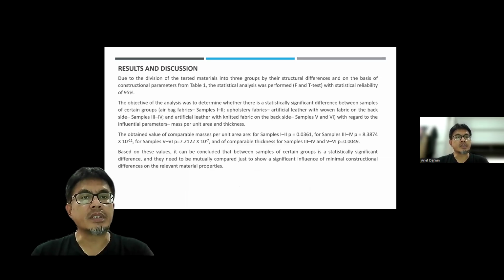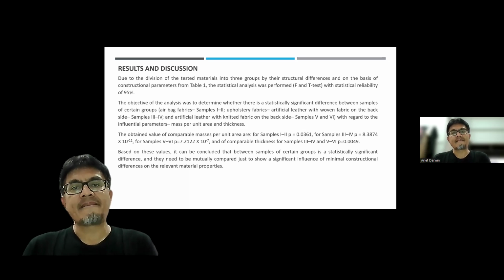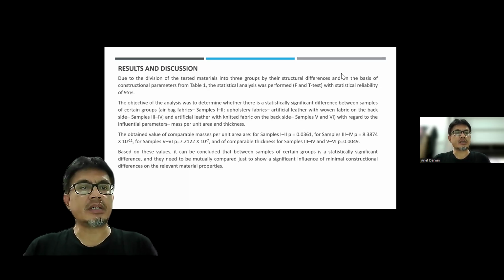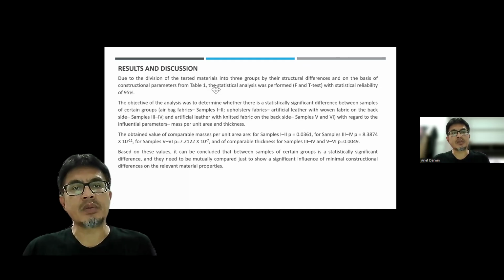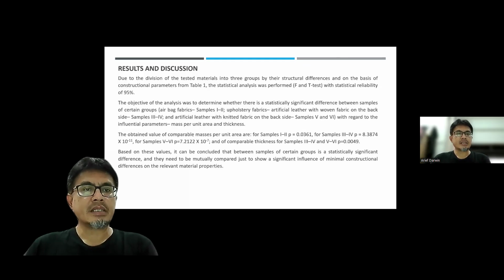Now we're going to talk about the results and the discussion. Due to the division of the tested materials into three groups by the structural differences on the basis of constructional parameters from table 1, statistical analysis was performed, F and T test with statistical reliability of 95%.